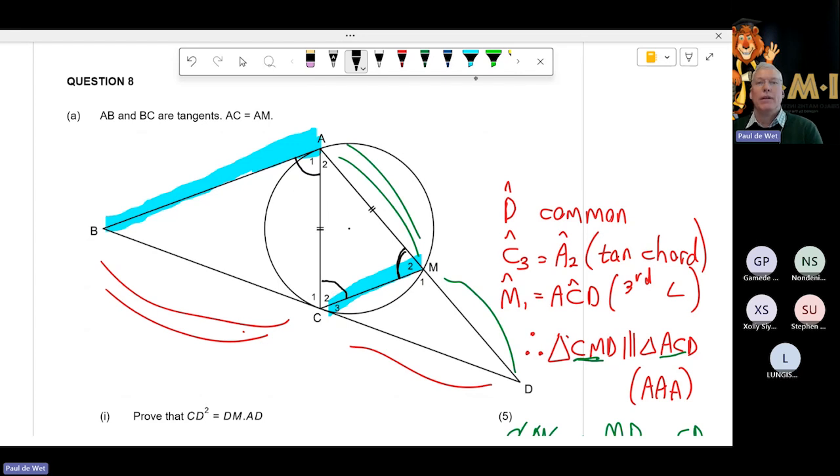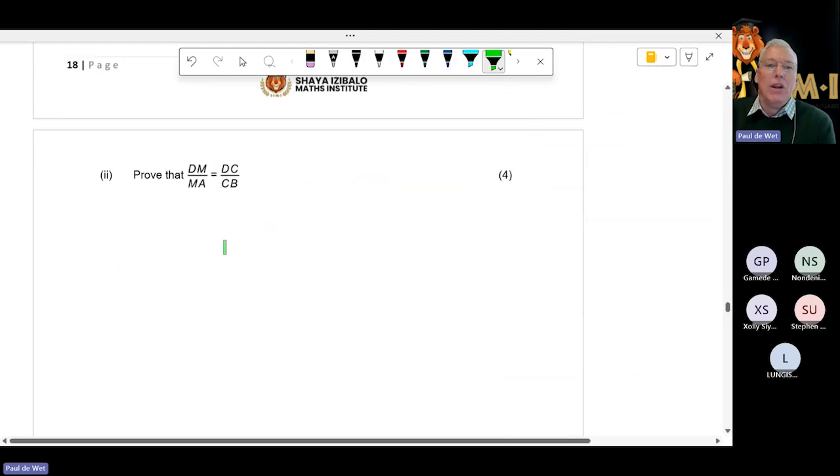Okay, all right, well done. And therefore that over that will equal that over that because of proportionality. Very nicely done.